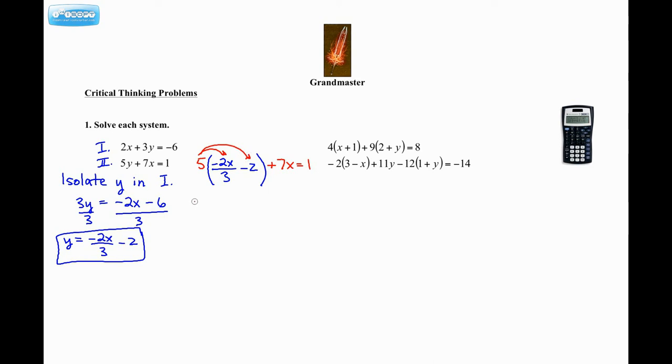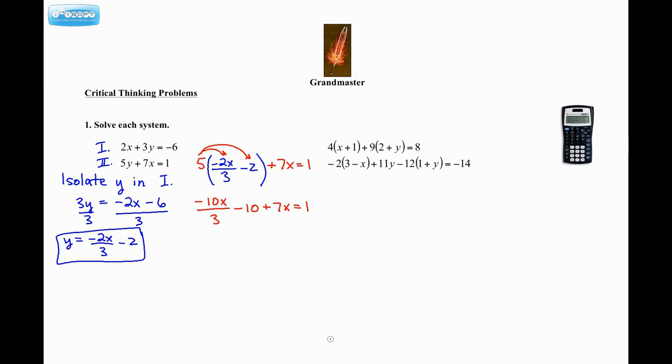All right, so here I'm going to apply some distributive law. So this is going to give me negative 10x over 3 minus 10 plus 7x equals 1. Now I'm going to solve for x. Now, I don't like these fractions. This is gross.